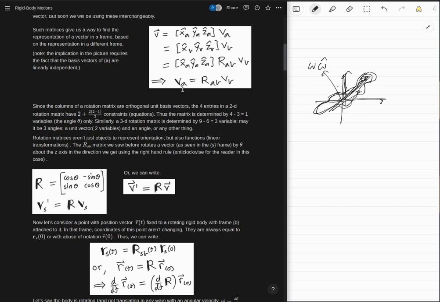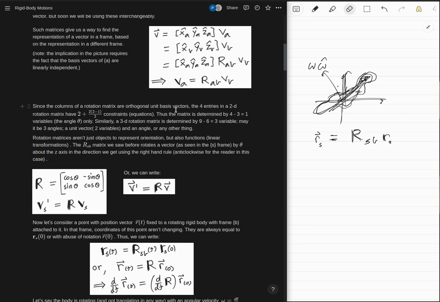So in this case, since we want the coordinates of this thing in S, and it's a function of t, which we'll do later, this would be the matrix representing the basis vectors of our frame B in S, times the coordinates of this thing in B, which we know is just R naught.